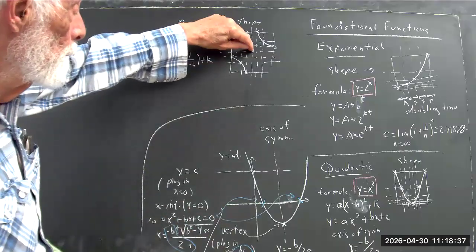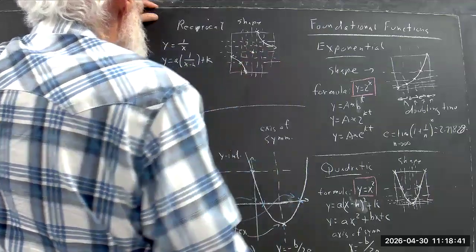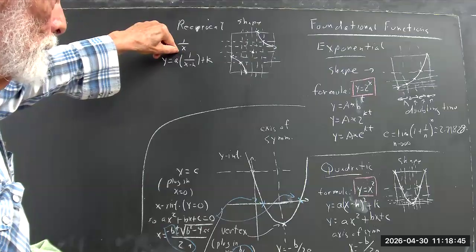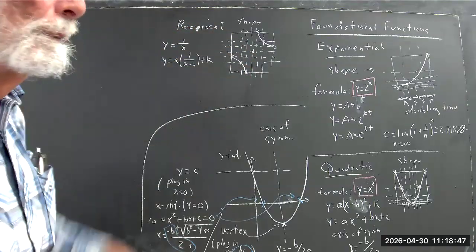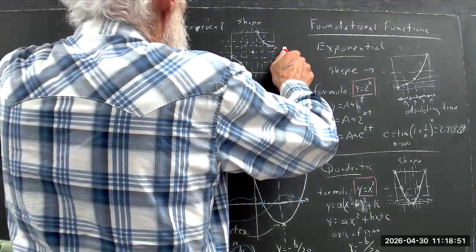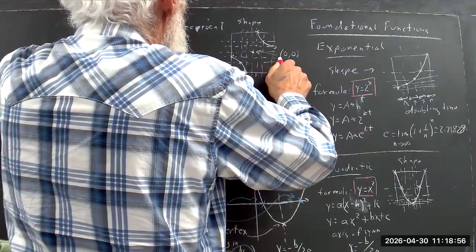So that this point here is the point 0, 0 for the 1 over x function. It's the point h, k for a transformed function. So take the risk of labeling this point as 0, 0.